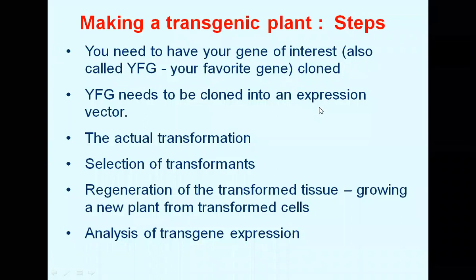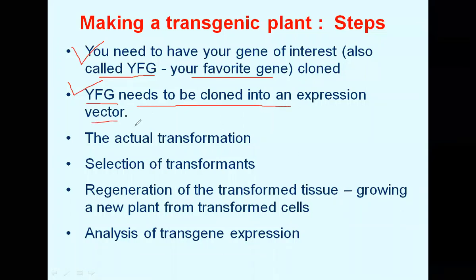Now, after making a background for it, let us move towards how we make a transgenic plant. So for this, what do you need? What we require is a gene of our interest, or it is being called your favorite gene. Whatever gene you would like to transform the plant with. Then this gene of your interest needs to be cloned into an expression vector.